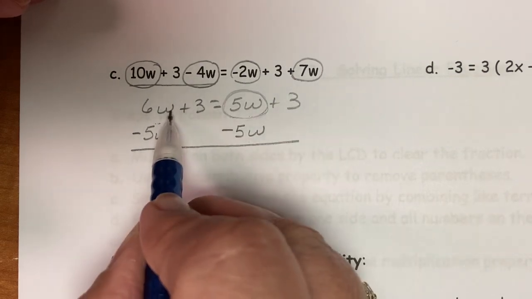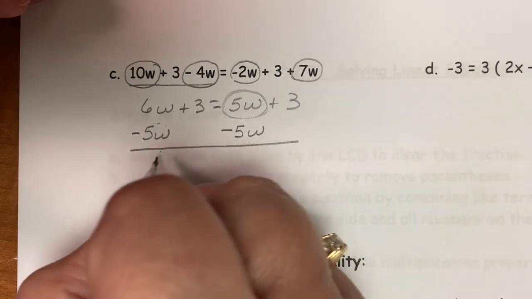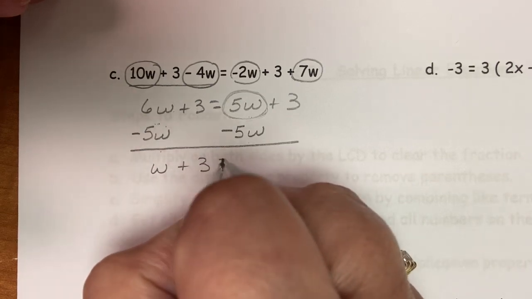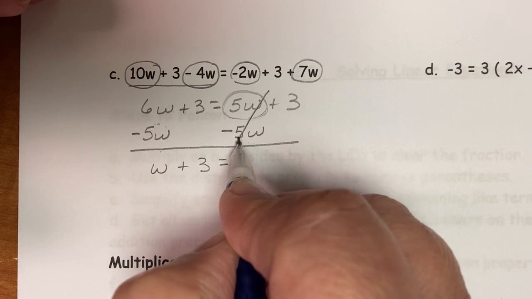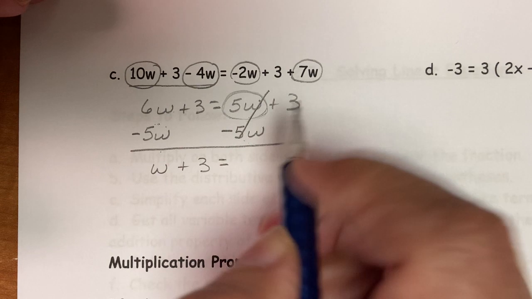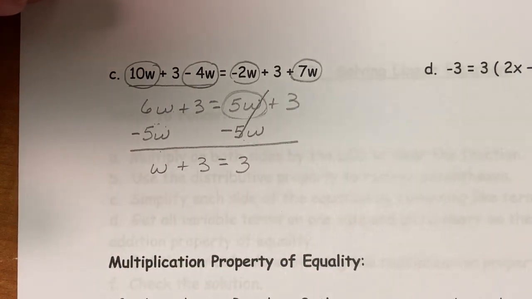So on the left-hand side of my equal sign, I end up with 6w minus 5w. That's just w. I still have the plus 3 is equal to, on the right-hand side of my equal sign, the 5w and the negative 5w give me 0, so that cancels out, and we have just the positive 3.